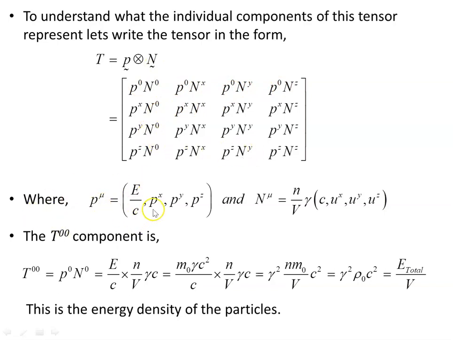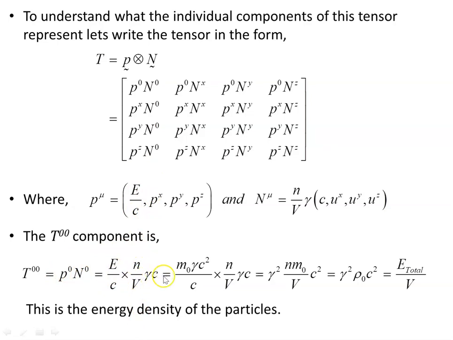We notice that the momentum 4 vector is E on C with the spatial components of momentum, and the number density 4 vector has these components here. The T00 component, T00 is P0 N0. Well, P0 is E on C. N0 is N on V gamma C.